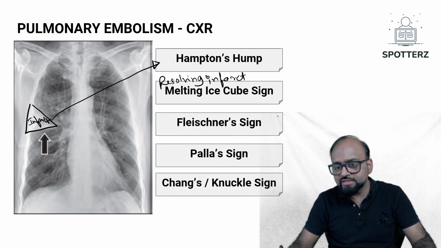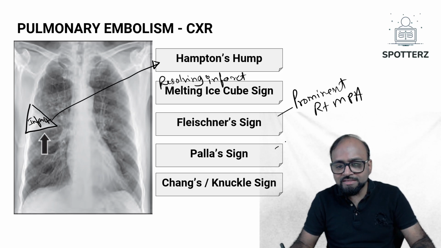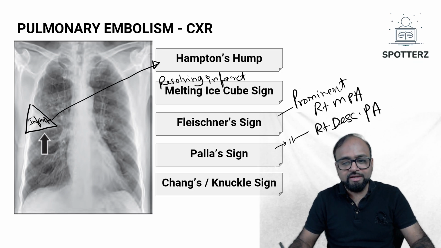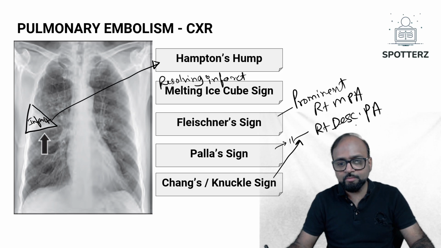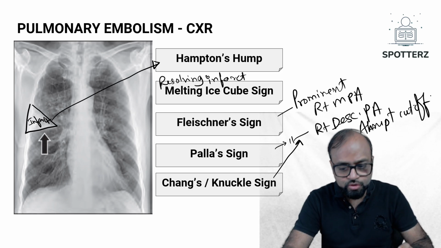Fleischner sign is nothing but a prominent or dilated right main pulmonary artery. Palla sign is nothing but a prominent right descending pulmonary artery, right, and Knuckle sign is nothing but a prominent right descending pulmonary artery with an abrupt cutoff because of the thrombus within its lumen.